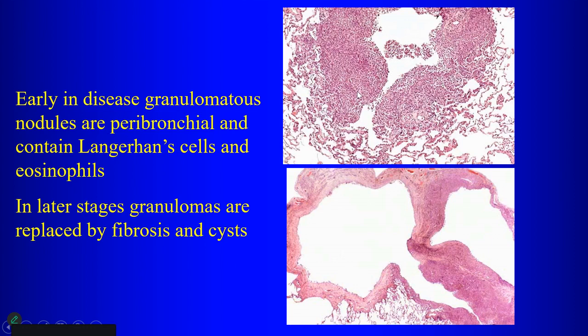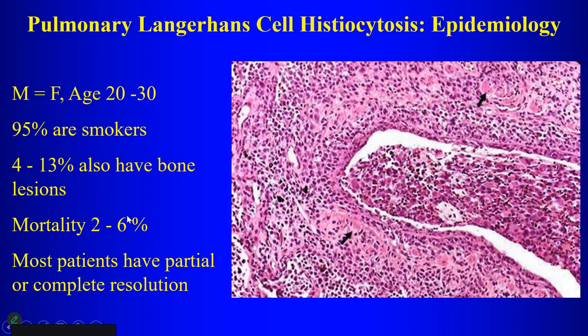So it forms these granulomas, which then go on to cavitate and form these cystic areas. That's why we get cystic lung disease. These patients are usually smokers, and this is thought to be some kind of immunological reaction to smoking. It results in recruitment of the Langerhans cells into the lungs, forming those granulomas, and then goes on to develop cystic changes within the lungs.